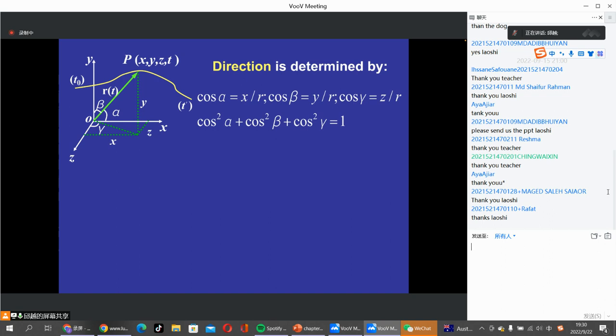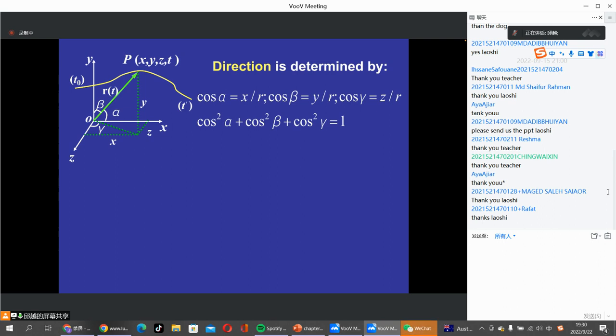As we can see from the plot, cosine alpha equals the magnitude of x over r, and cosine beta equals y over r.